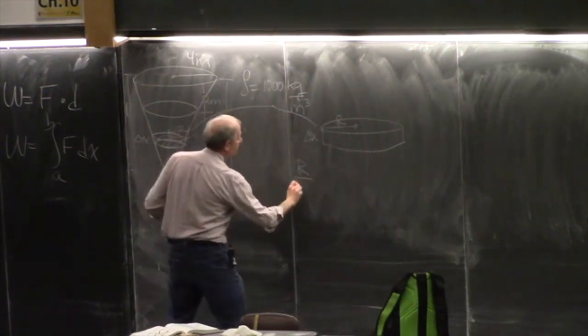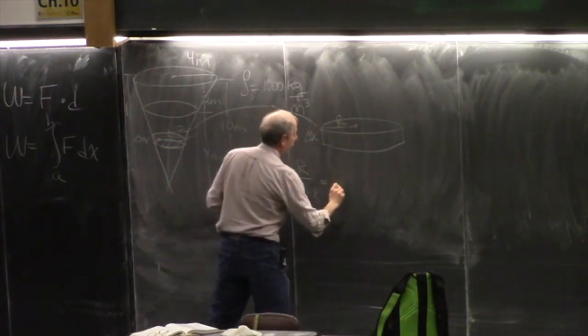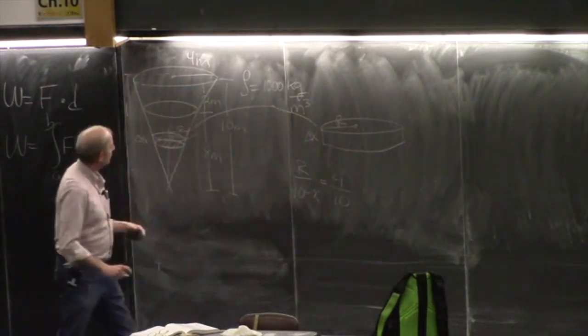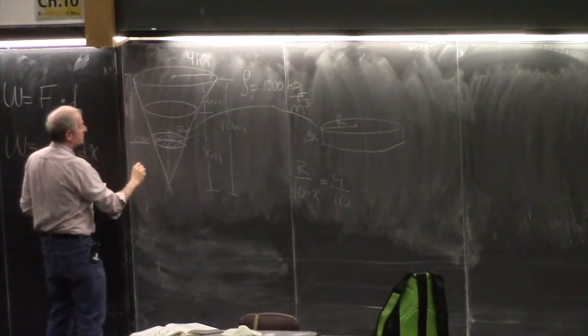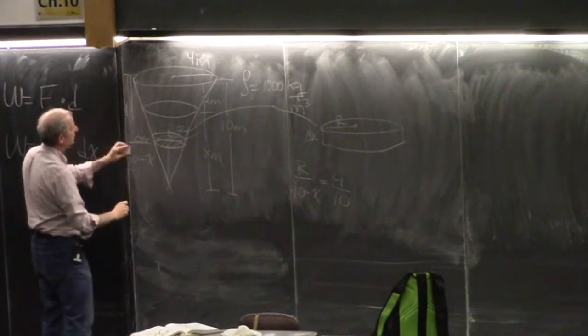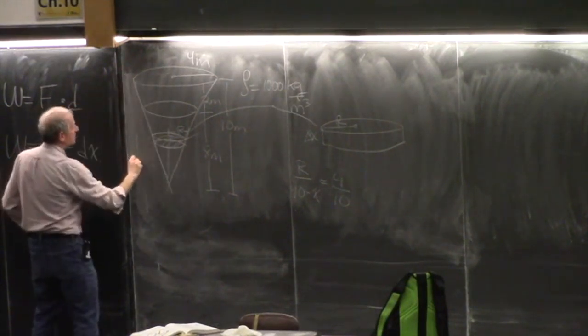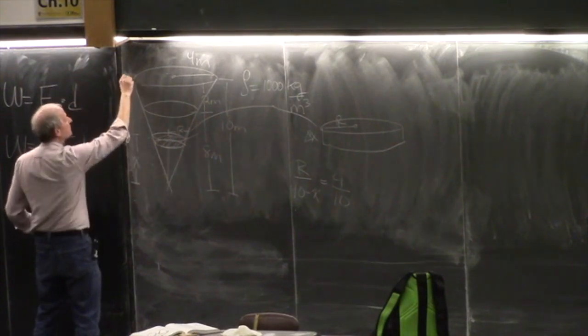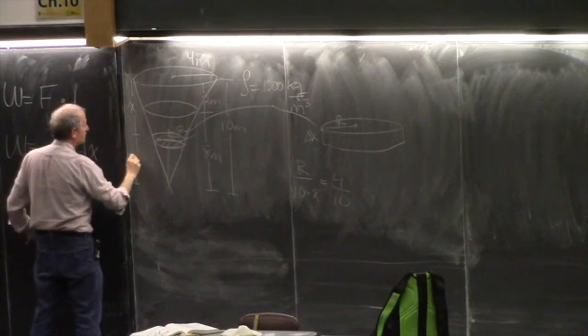The radius is to 10 minus x as 4 is to 10, because if this distance is x, this distance is 10 minus x.